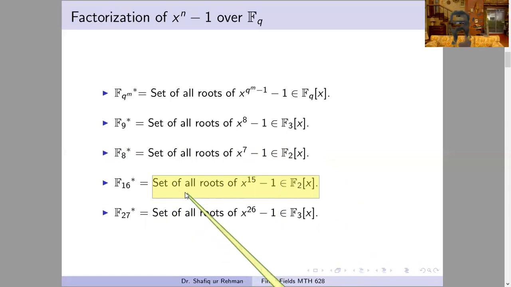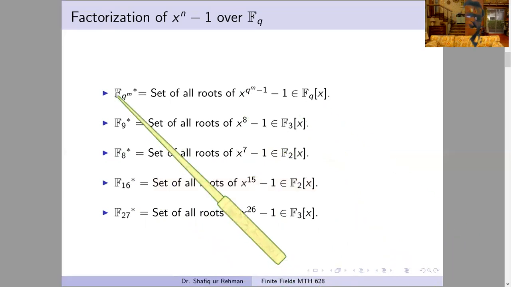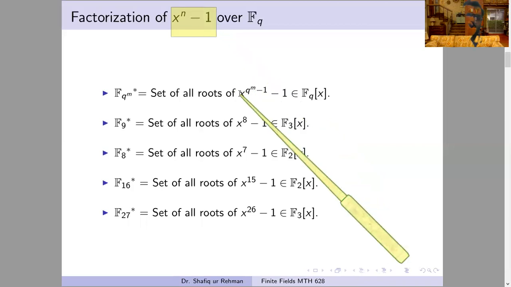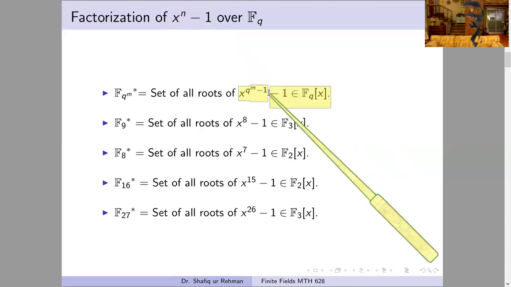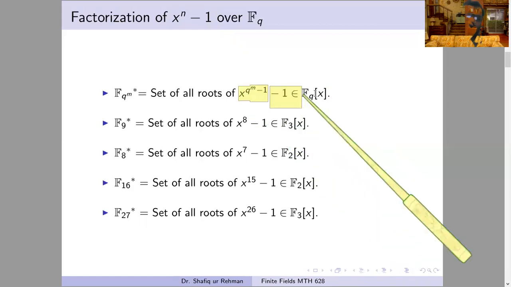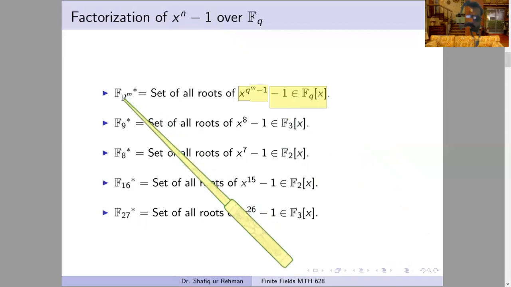So from this we conclude this result, that if we take a polynomial of this form, if the power is q power m minus 1, all the roots of this polynomial will lie in the field F_q power m. So first of all, it is important to know about all the roots of this polynomial and the field in which all these roots lie.